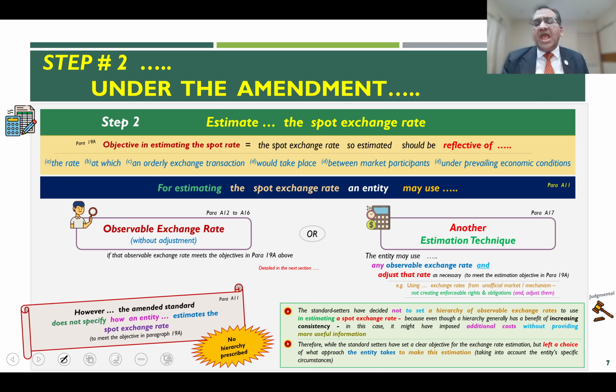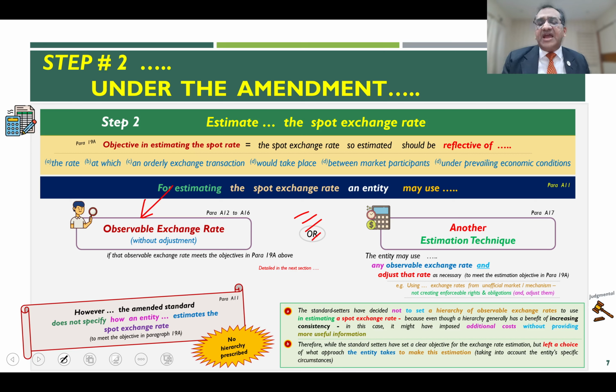However, the discussion went in the direction to say that if you started with the premise that the currencies are not exchangeable, therefore the rate itself is elusive, it is not there. So if that be the case, how are you going to have an observable exchange rate? It will be very difficult in those scenarios to prescribe a methodology, because each circumstance will be different.